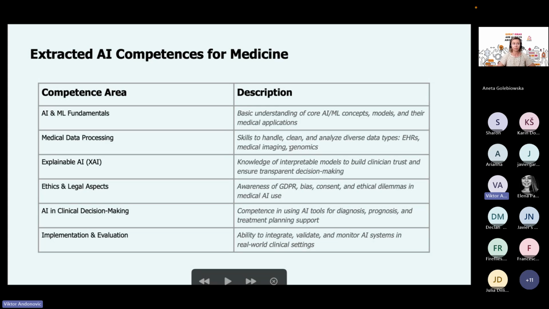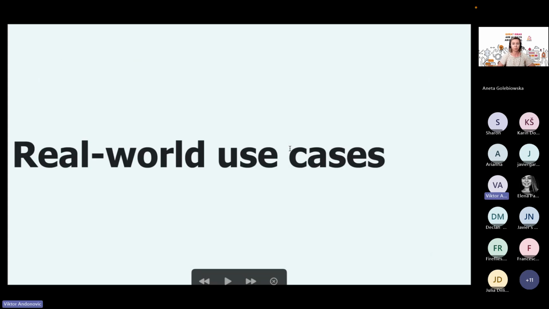So they have to evaluate the results. They have to evaluate if the model hallucinates or not, and if it's aligned with the domain knowledge.